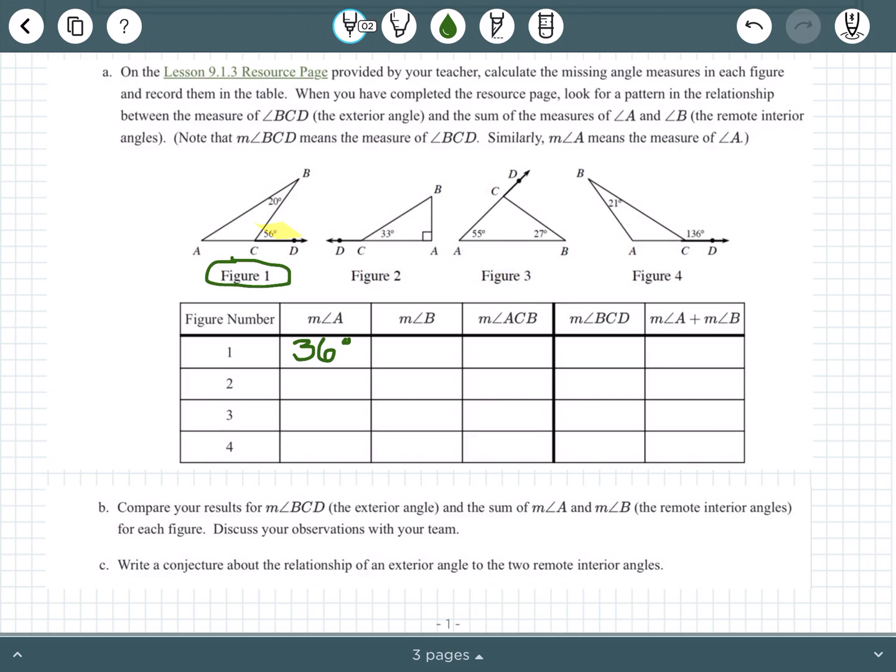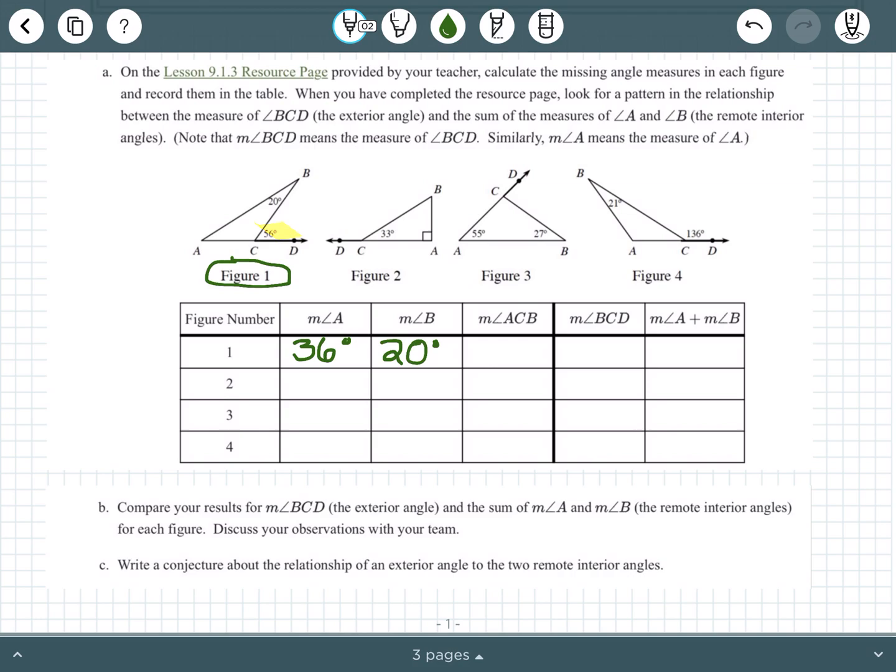All right. What about the measure of angle B? Well, it gives us the answer right here. The measure of angle B is 20 degrees. What about the measure of angle ACB?